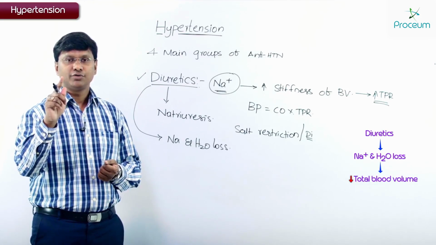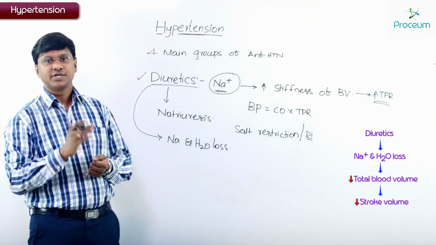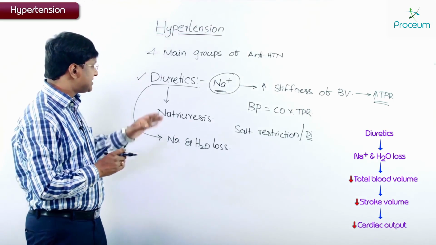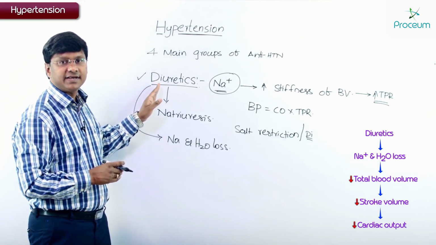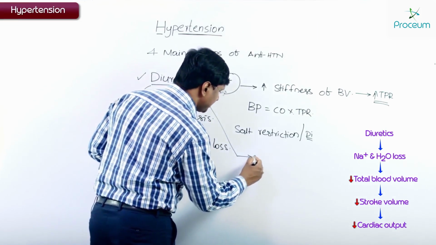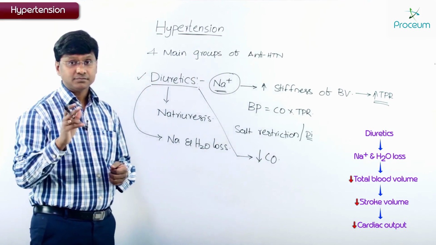When the total blood volume reduces, the stroke volume reduces, and when stroke volume reduces, the cardiac output is reduced. So diuretics indirectly decrease the cardiac output of the individual.